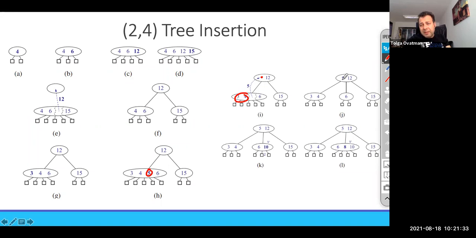But since 5 has gone here, the things between 5 and 12 should go here. So the split 6 would be a new node in here. And then when you add something new, like 10, it's going to be more balanced because it's going to come to here. And then you add something like 8, it's between this and this. So you keep the ranges as much as possible in the inner nodes.